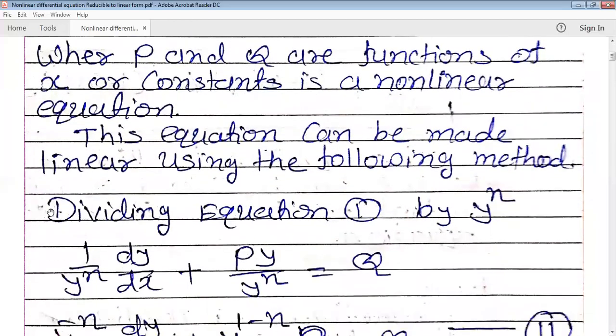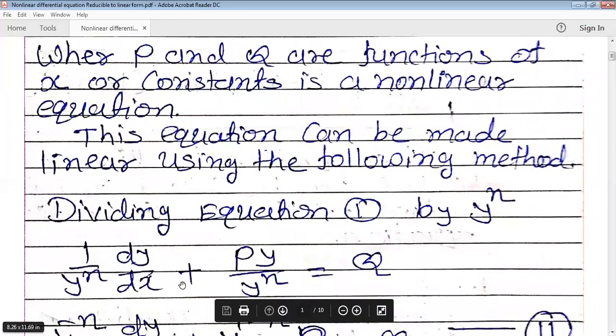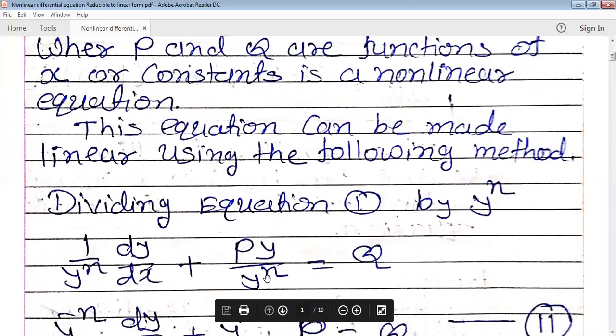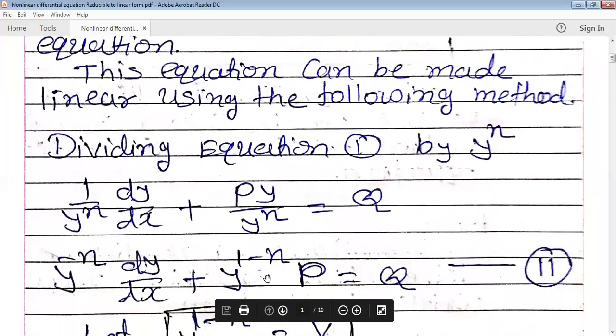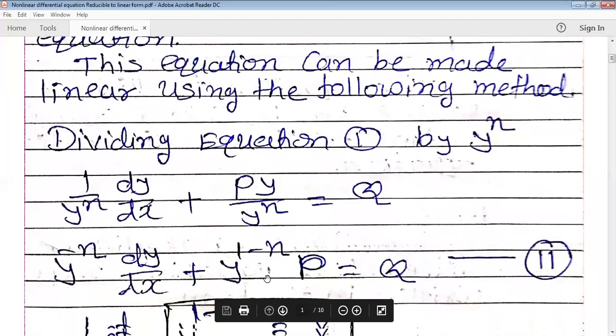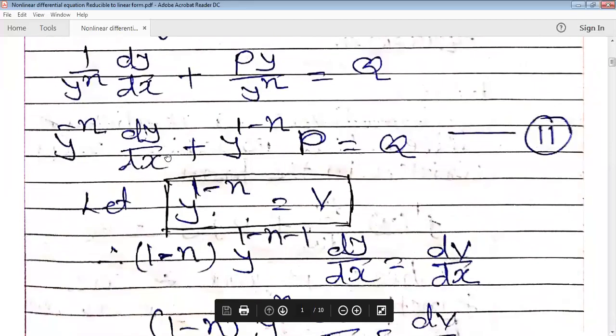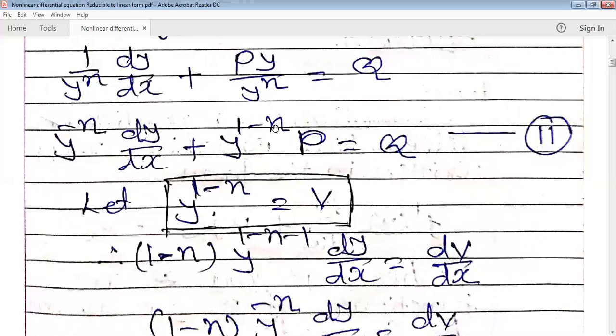So 1 upon y raised to n dy by dx plus p y upon y raised to n is equal to q. By simplifying, y raised to minus n dy by dx plus, since y upon y raised to n is y raised to 1 minus n, p y raised to 1 minus n is equal to q.